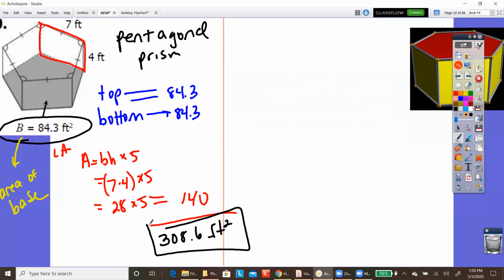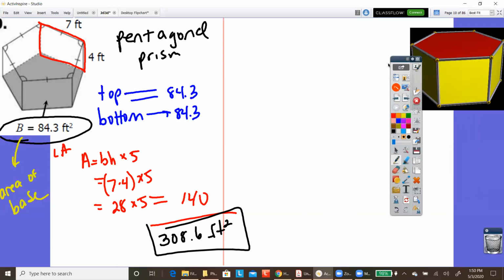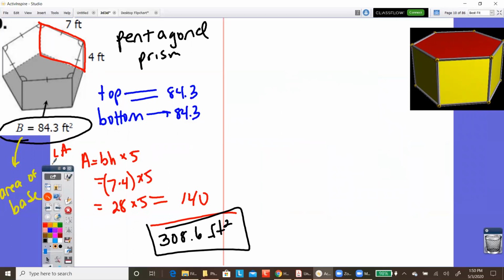Okay? Now, will I always give you the area of the base for a regular polygon? No, I won't. Sometimes you're going to have to calculate it yourself. And again, we've done this before. Remember when we had things like the hexagon on the left? Let's just make up a number.